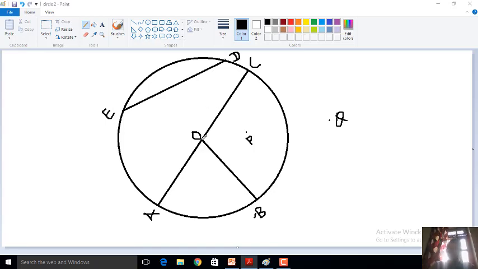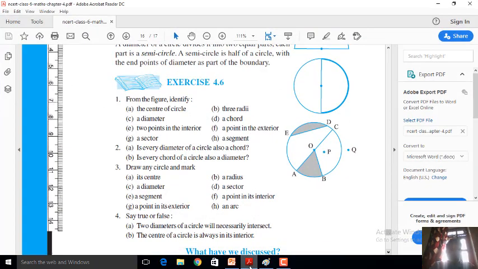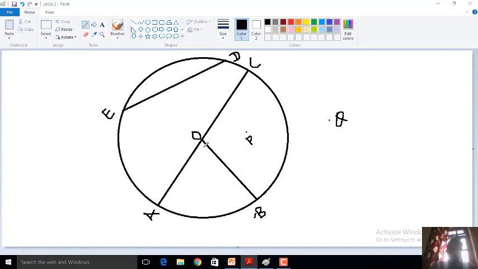So we can say that the point O is center of the circle. Now we move to next question. We have to identify three radii. So first radii is OA because it joins points on the circle to the center. Second radii is OB. Similarly here as well, the point B is being joined to O, and OC. So these are the three radii of the circle.